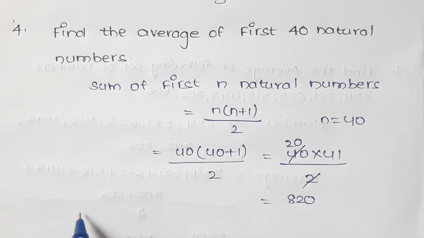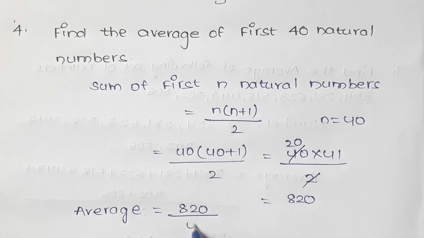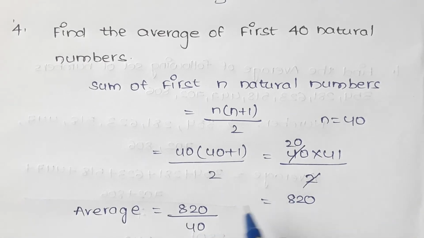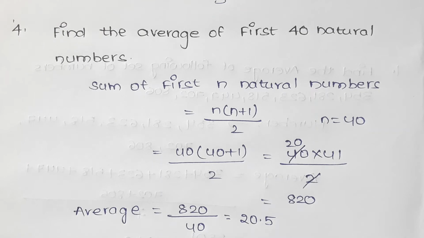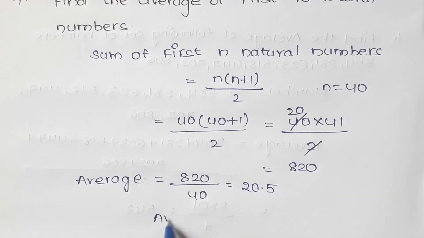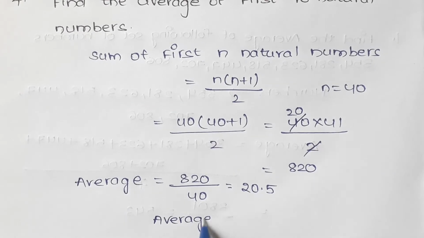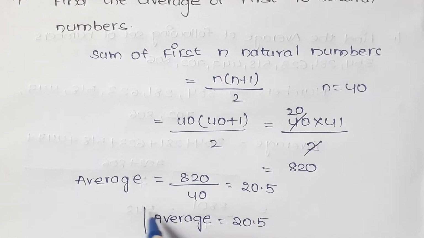Here the sum of natural numbers is 820 and the total observations is 40. So 820 by 40 is nothing but 20.5, and finally the average is 20.5. That is, the average of first 40 natural numbers is 20.5.